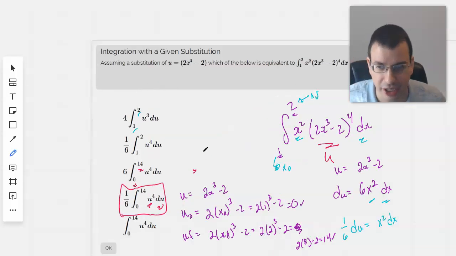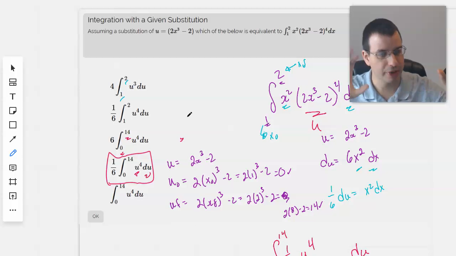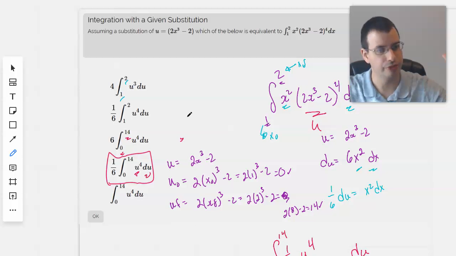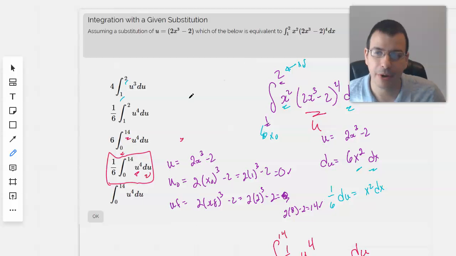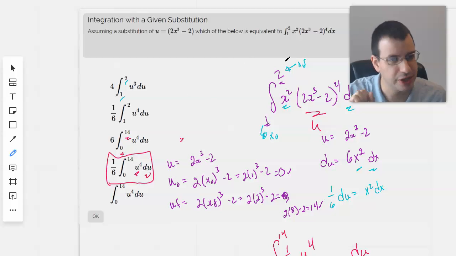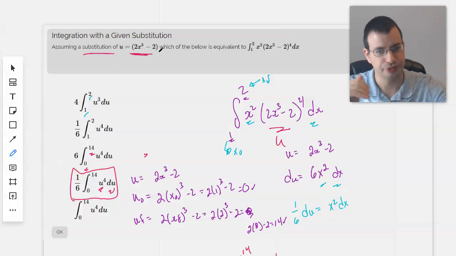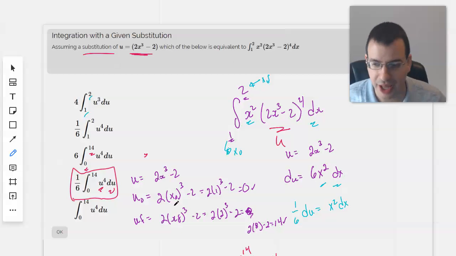To backtrack slightly, here's this complicated problem: solve this integral, which isn't that bad. But the problem is telling us specifically to use substitution and use this value as the substitution. And so we do that, and we don't even have to finish the problem.